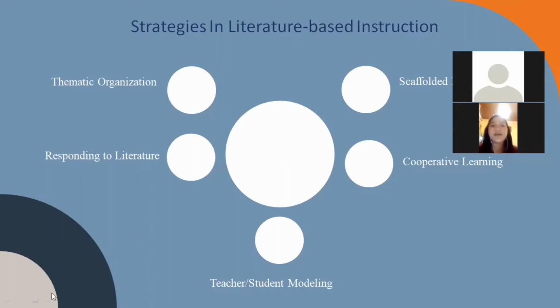And the next one is responding to literature. Same as I said before in characteristics, the students can respond to the literature with an oral summary, analysis, or they can respond by relating the narrative text or the book with their own experience.